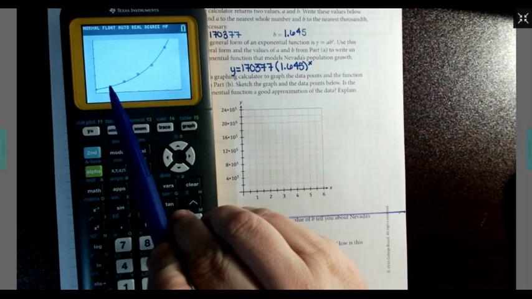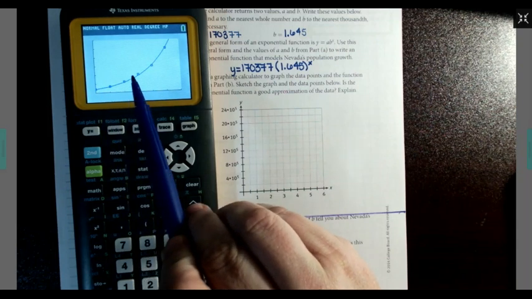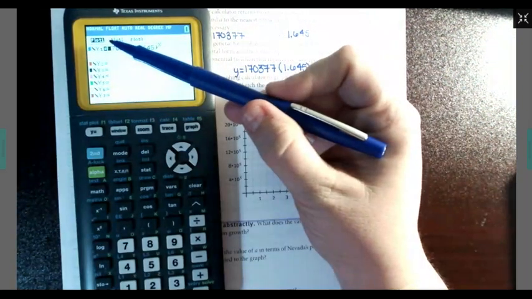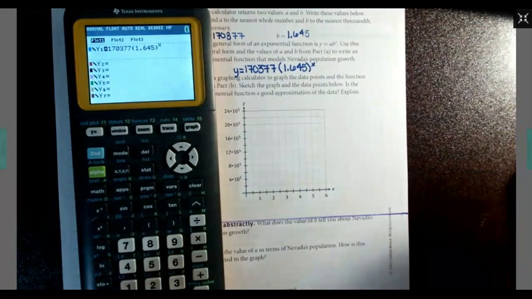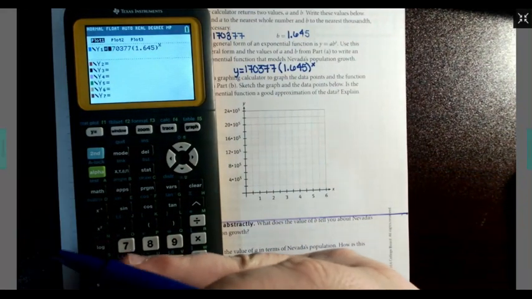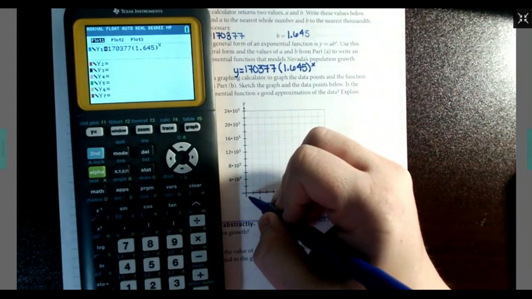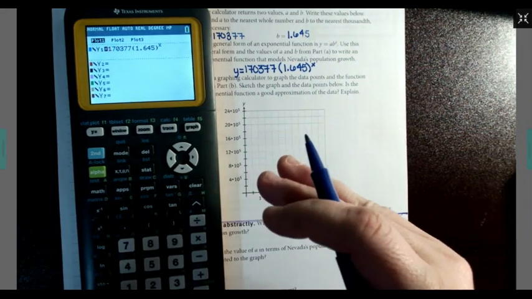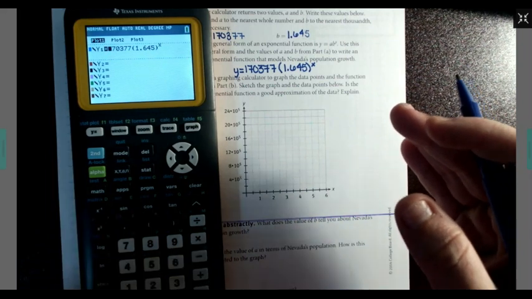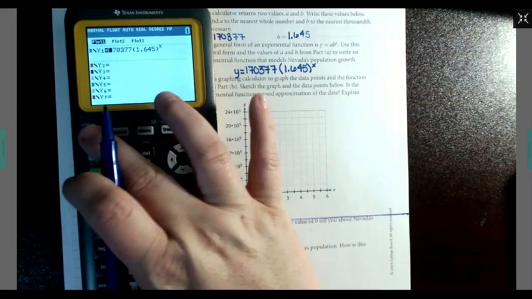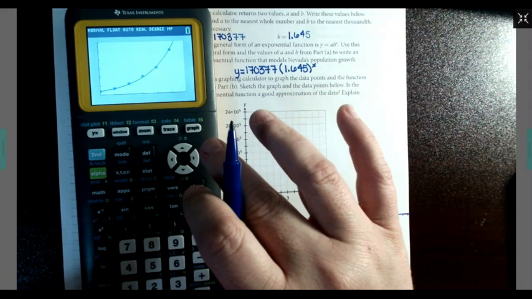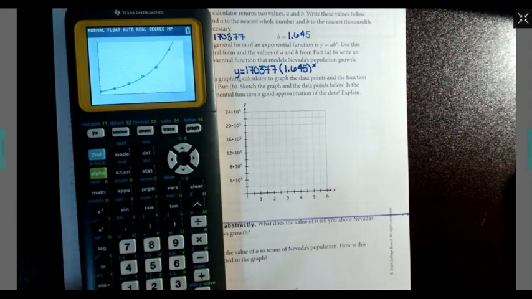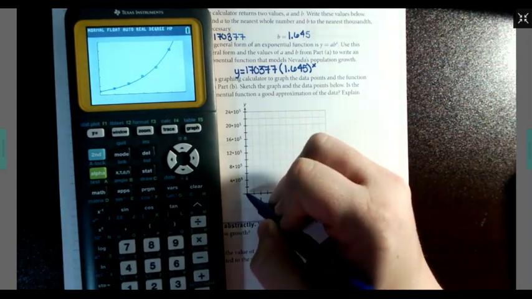You see these little boxes that were on here? Remember when I had you turn the plot on? Those are the data points that we actually plotted back in question 1. These were just graphed on decades and not on the years.